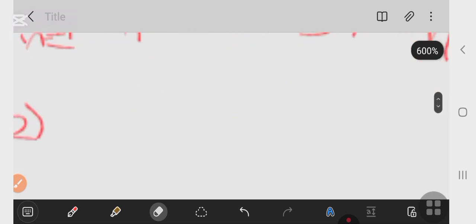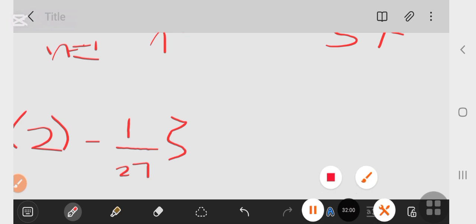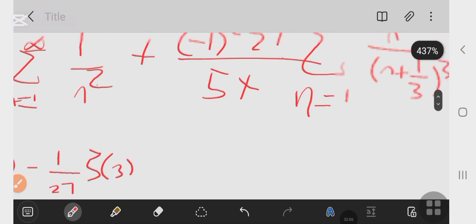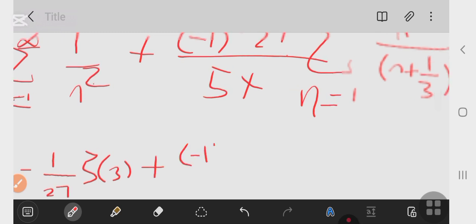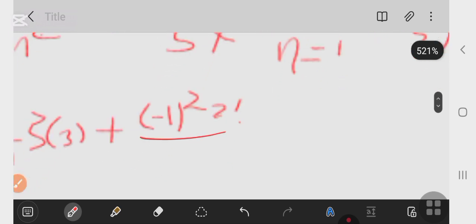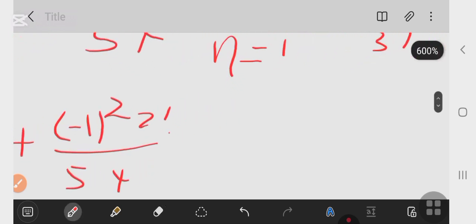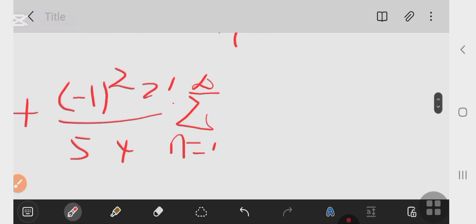So this is minus 1 over 27 zeta 3, then here plus minus 1 square 2 factorial all over 54 multiplying the sum to infinity of n starting from 1 all into.